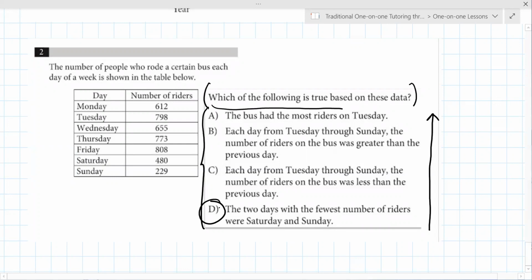Does it always work? No. Okay, another one here. Would they try to trick you and give you one that's more true? Like if D was the true one, okay, that one's technically true, but let's say B says Thursday had 773 people on it.